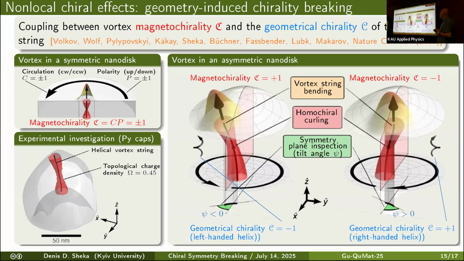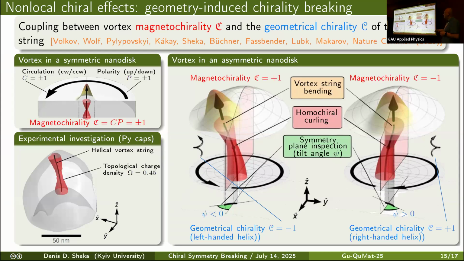Another topological characteristic is the circulation, the direction of magnetization along the edge, counterclockwise or clockwise. The product of this circulation and polarity produces the magnetic chirality of the vortex, which is plus or minus 1. Experimentally, asymmetric nanocaps were studied.